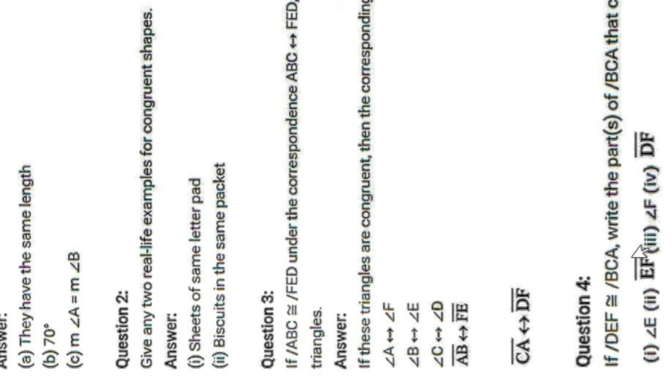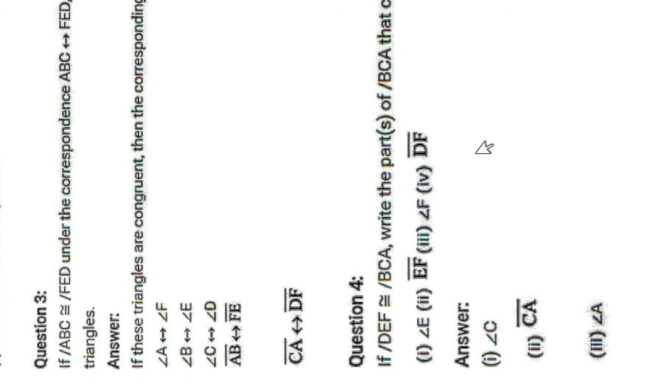If triangle DEF is congruent to triangle BCA, write the parts of triangle BCA that correspond to angle E, EF, angle F, and DF. Angle E corresponds to angle C, EF corresponds to CA, angle F corresponds to angle A, and DF corresponds to BA.